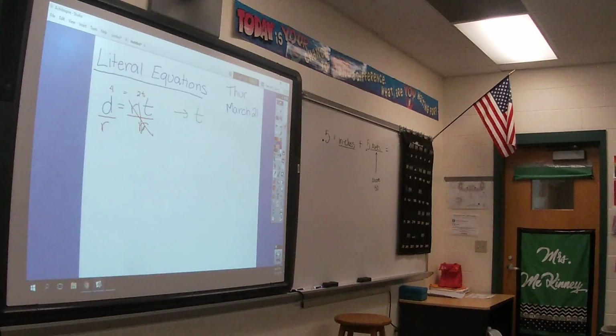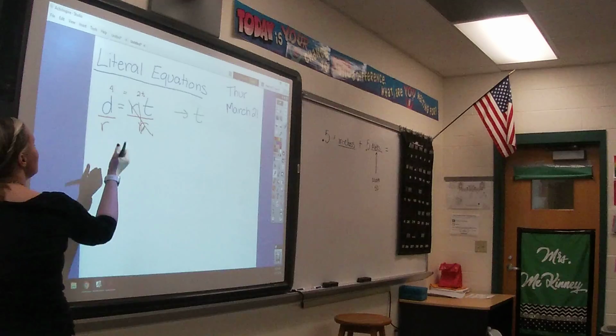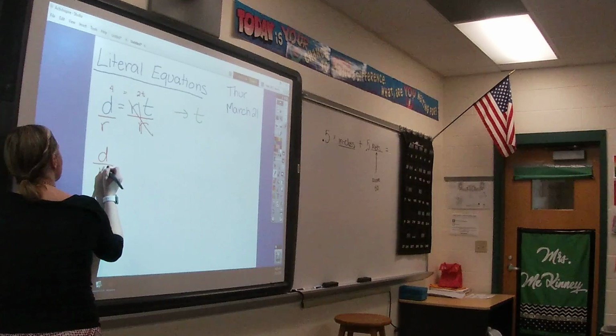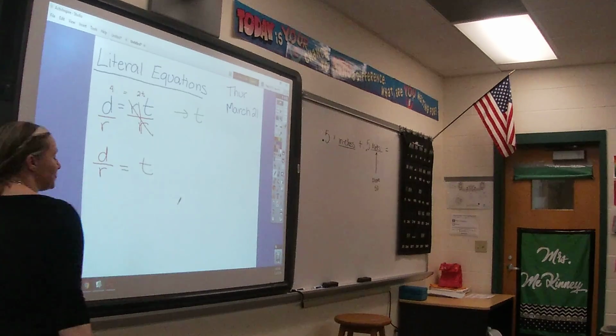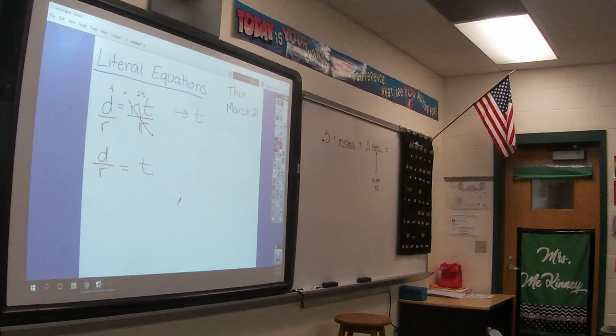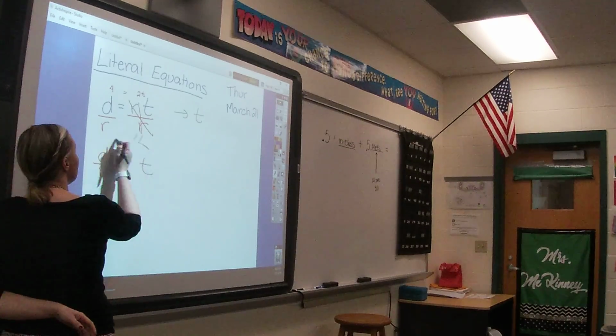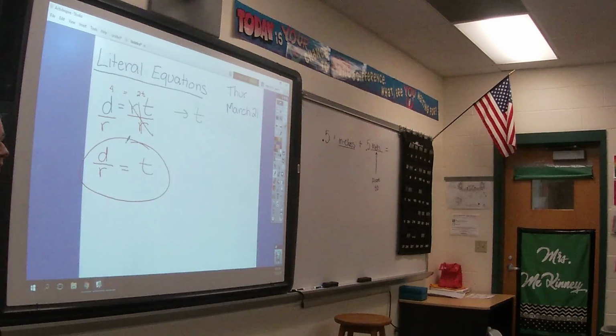So we know those R's cancel, and all we're left with is D over R equals T. Is T by itself? Yes, so we solved this for T. T equals D divided by R. That's all there is.